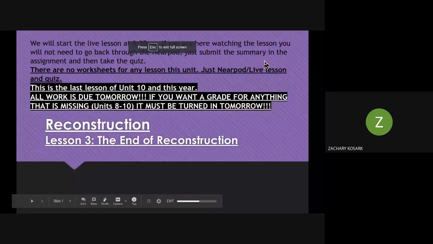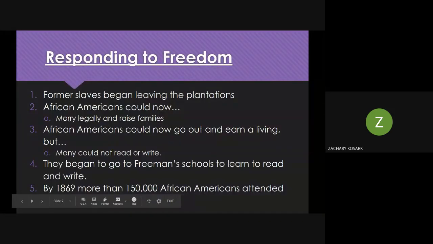So we're going to start with just a little snapshot of how freedom does affect these newly freed slaves. Former slaves began leaving plantations. African Americans now could legally marry and legally raise families. You have to remember that before the Civil War, neither of those things were possible.